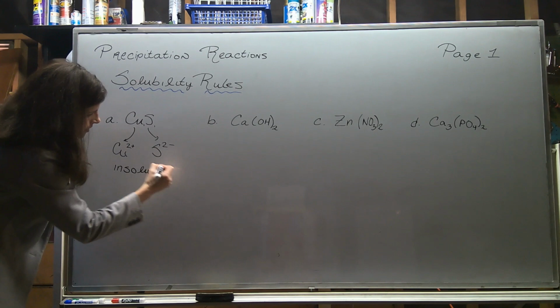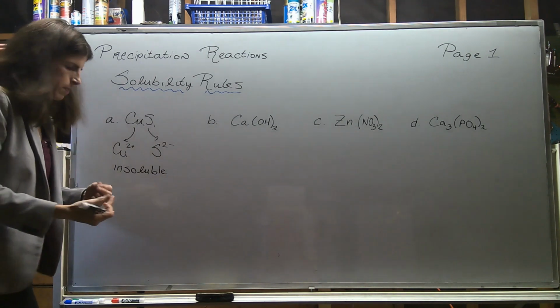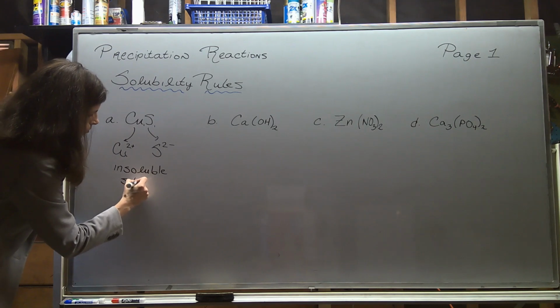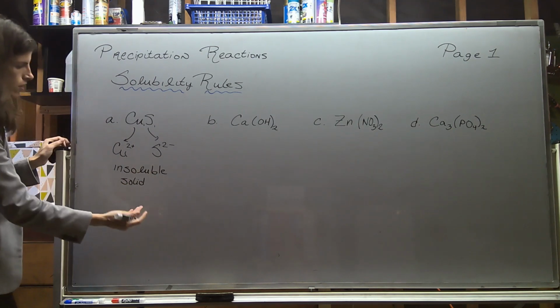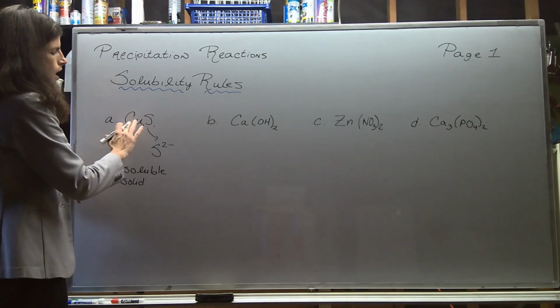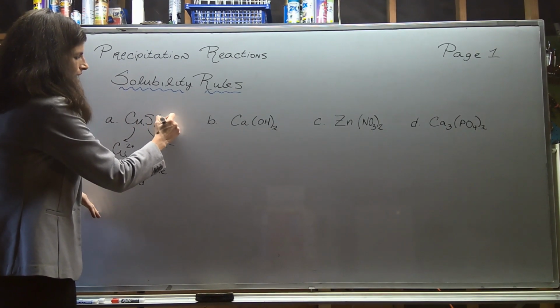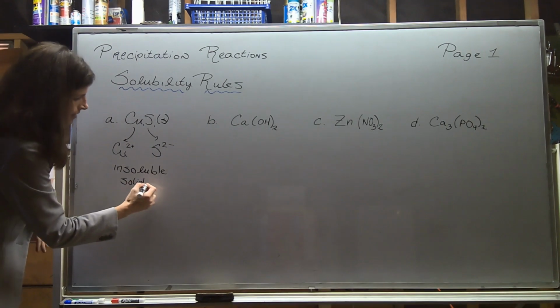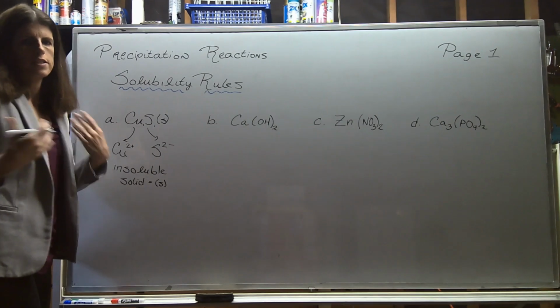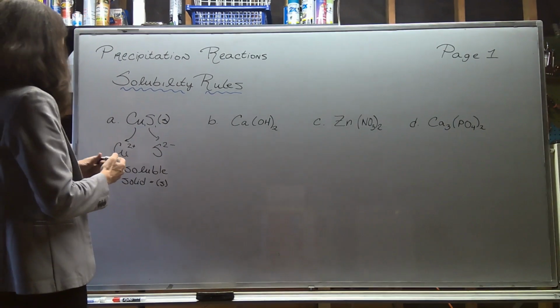And when something's insoluble, it forms a precipitate, and it's considered a solid. So when I write my reactions, we're going to get there shortly, this would be followed by an (s). The s stands for solid, but it also stands for insoluble or precipitate.